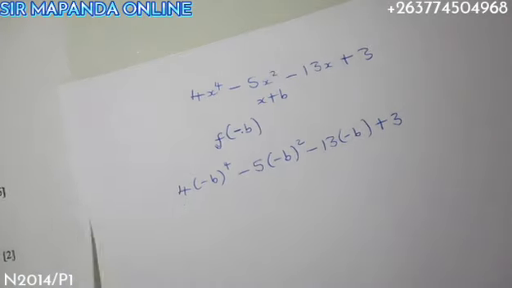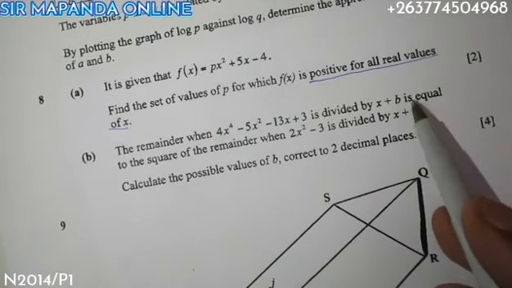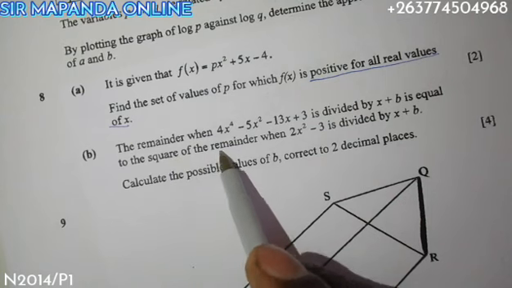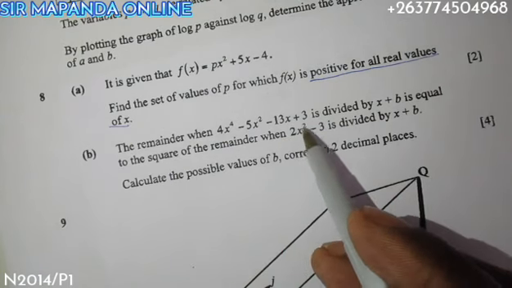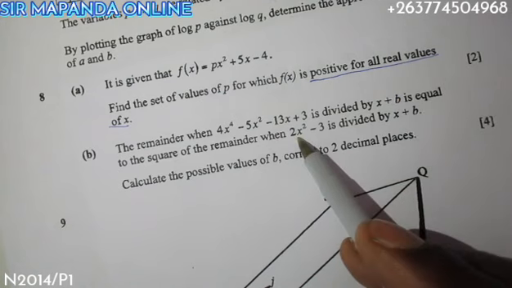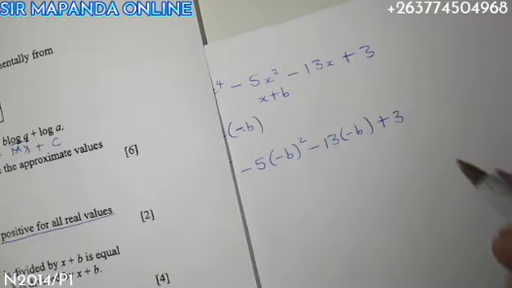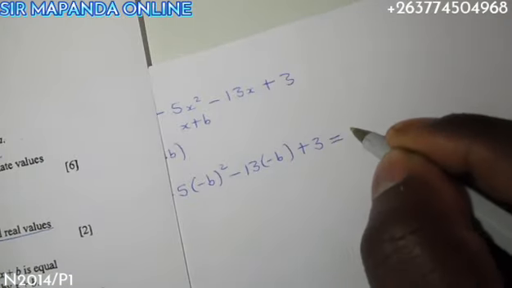So they are saying that the remainder of the first function is equal to the square of the remainder when the divisor divides 2x squared minus 3. So you are saying it is equal to the square.